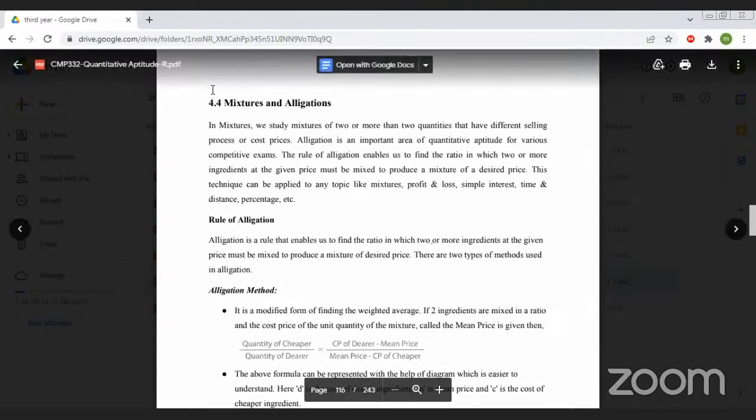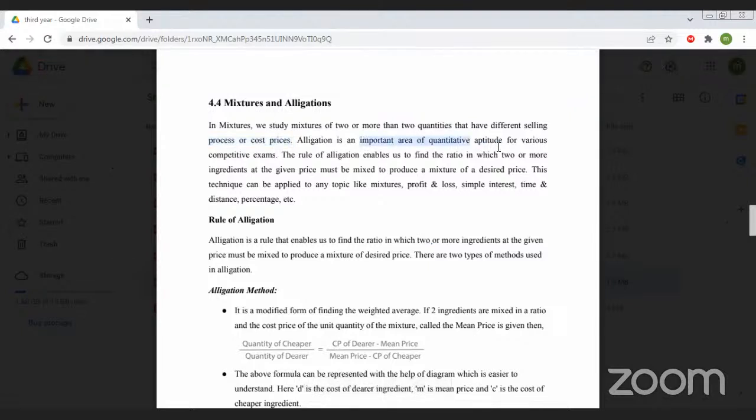Now after that is mixtures and allegations. In mixtures, we study mixtures of two or more than two quantities that have different selling price or cost price. And allegation is what?